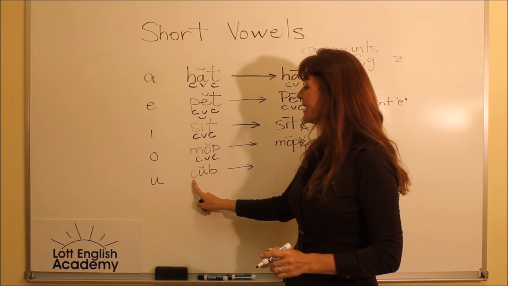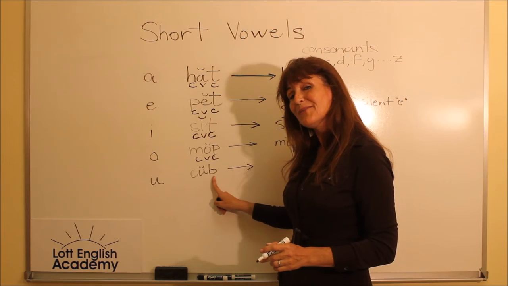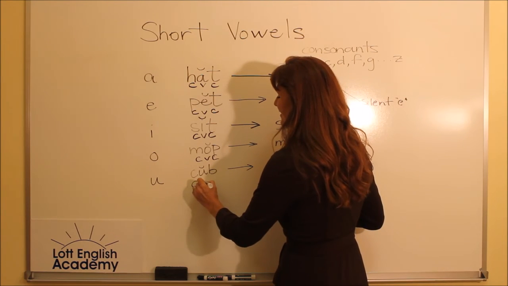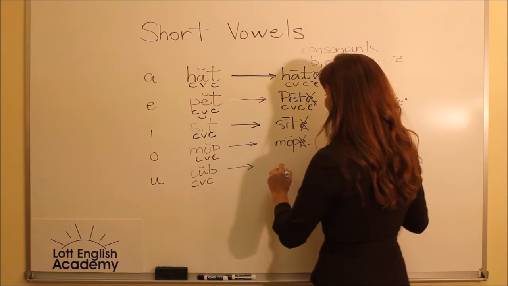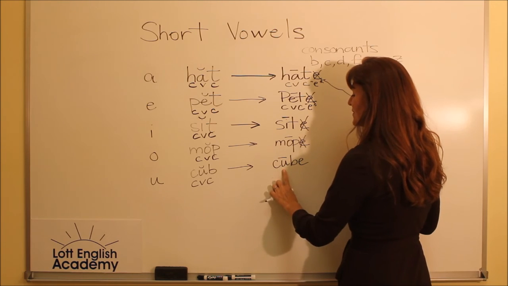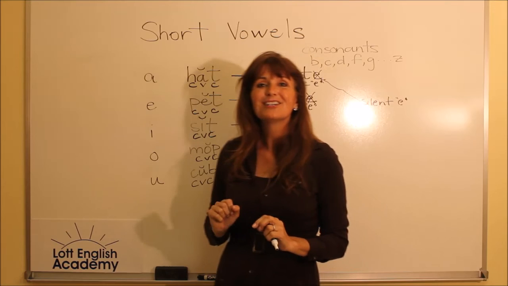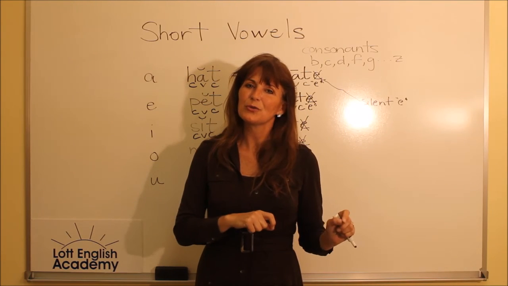The last example that we're going to look at for today is cub, consonant, vowel, consonant, short U sound. But when we add the silent E to the end, it becomes cube. Cub changes to cube.